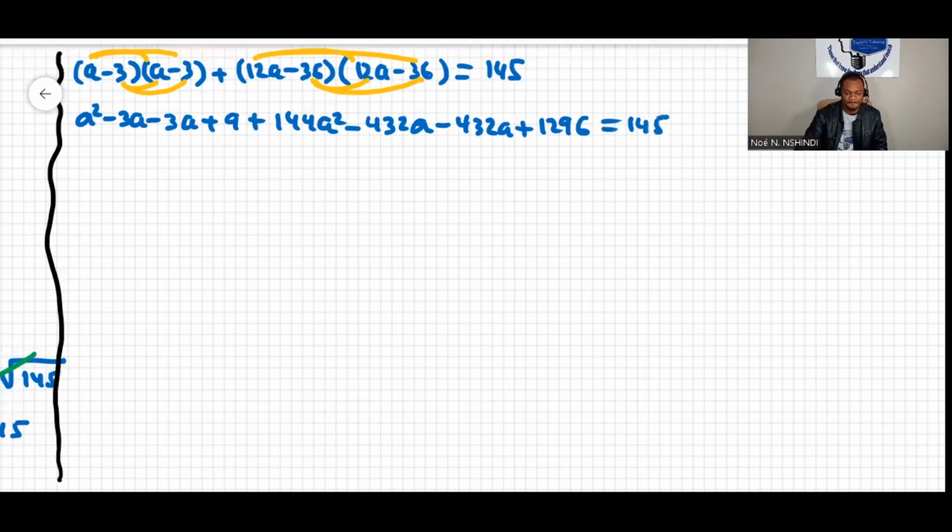Now we can solve this by combining like terms. The terms with A squared are preferably underlined. We have A squared and another term with A squared; those two make 145A squared. The terms with A can be combined together.